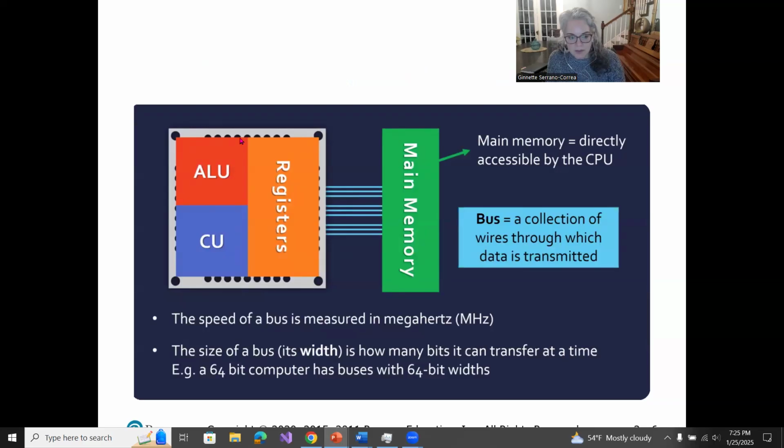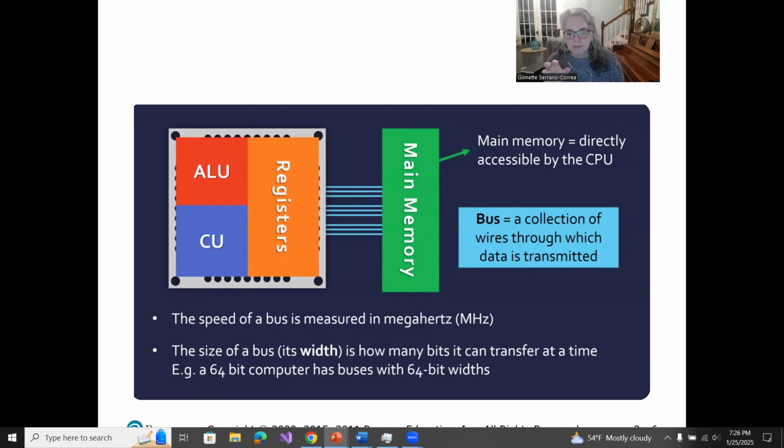So in this picture, on the left-hand side, you have your CPU. Here's the arithmetic logic unit, control unit, and your registers. And here we have main memory. So memory is always very close to the CPU because whenever you open a program on your computer, there's a certain amount of memory that's allocated to the instructions of that program.